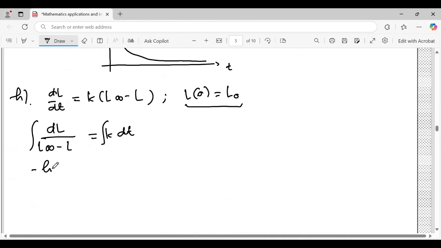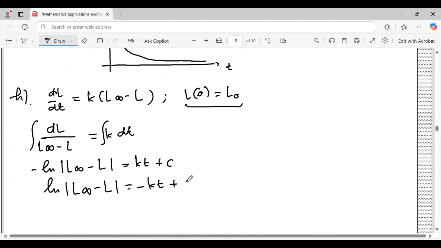It's going to be minus ln of L infinity minus L equals kt plus c. Moving the negative to the right-hand side, minus kt plus c.